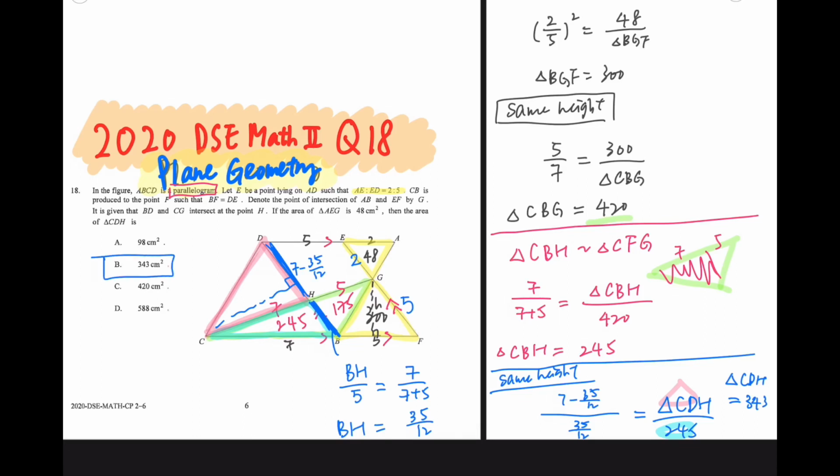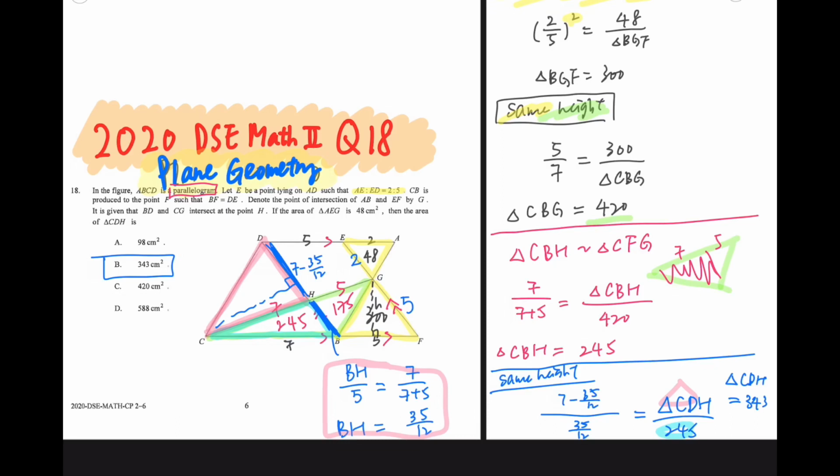So, in total, for the first part we use the similar triangle with the square idea. And then next, we use the yellow one and the blue and the green one to find out the same base, same height problem, connecting two triangles. Afterwards, we deal with the important ratio idea to look for 35 over 12 for the ratio as well.